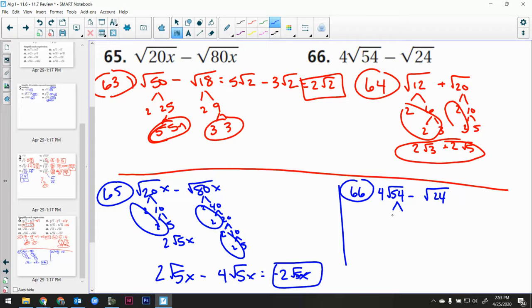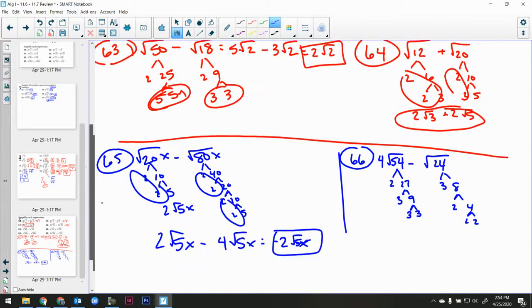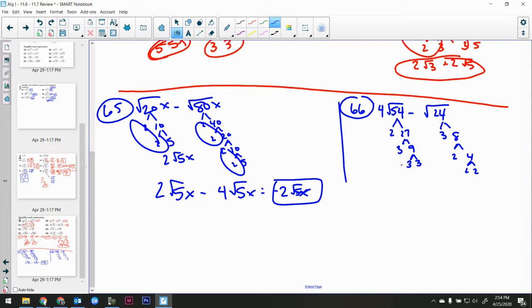All right, 54, 2 and 27, 3 and 9, 3 and 3. This is 3 and 8, 2 and 4, 2 and 2. Okay, so let's look at buddies here. So we've got 4 already out there, and then a set of 3s coming out with the 54.